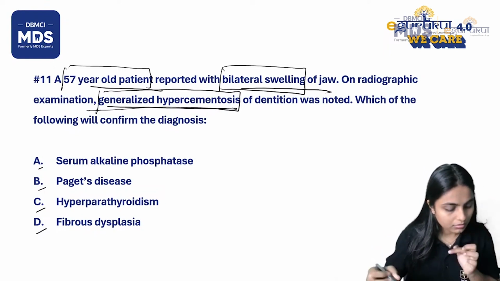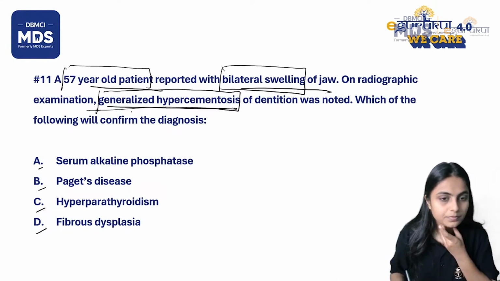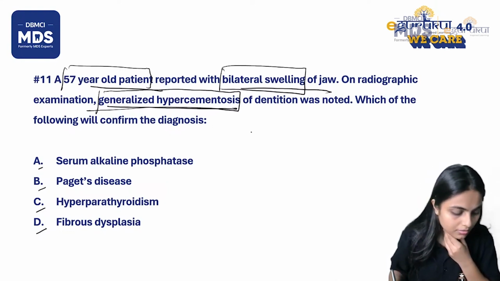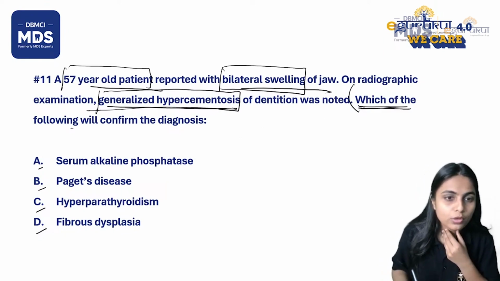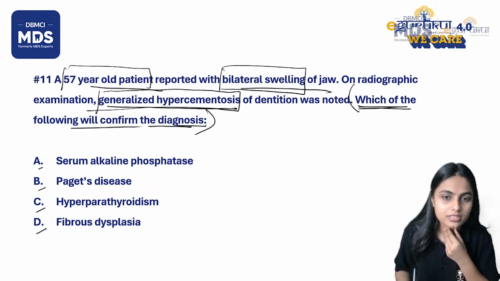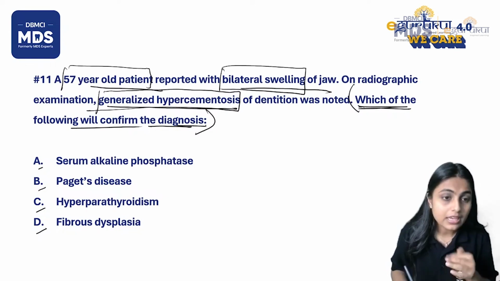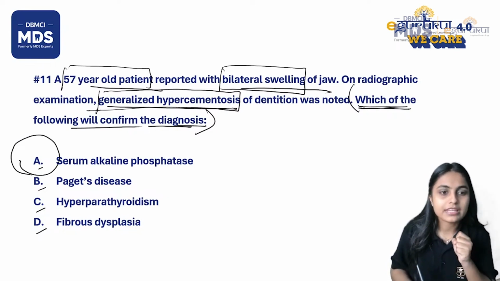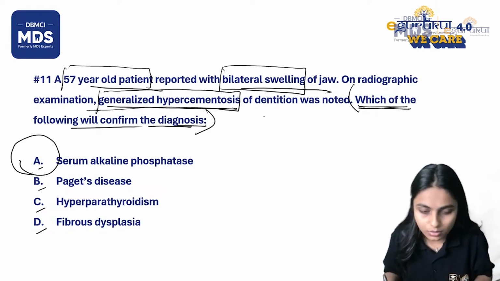Only one person has answered. Yeah. So they have mentioned here which of the following will confirm the diagnosis. They have not asked what might be the diagnosis. So serum alkaline phosphatase, option A, is our answer, which will confirm our diagnosis.